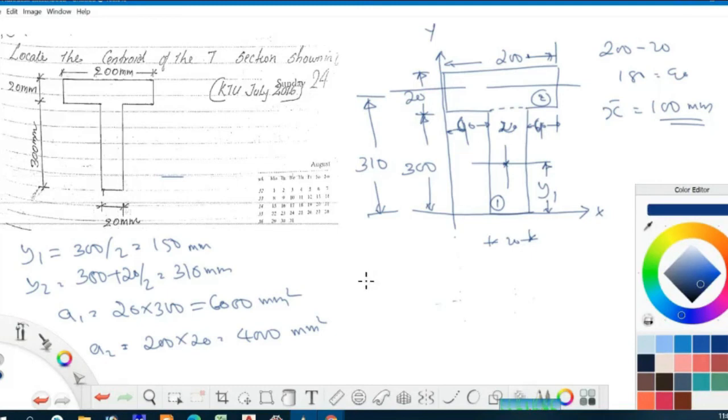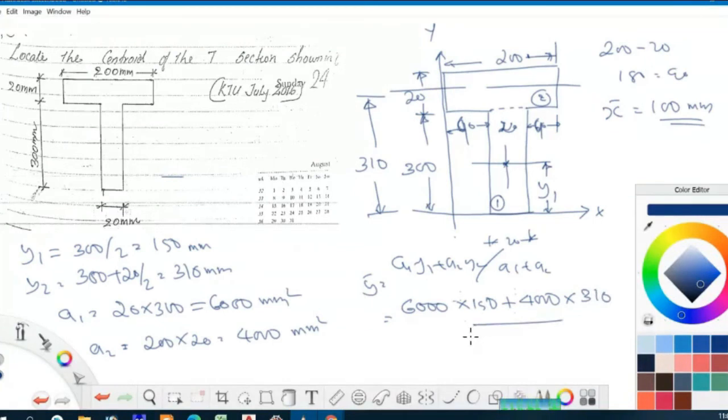Then y bar is equal to a1 y1 plus a2 y2 divided by a1 plus a2, which is 6000 into 150 plus 4000 into 310, divided by 6000 plus 4000, which is 10,000.